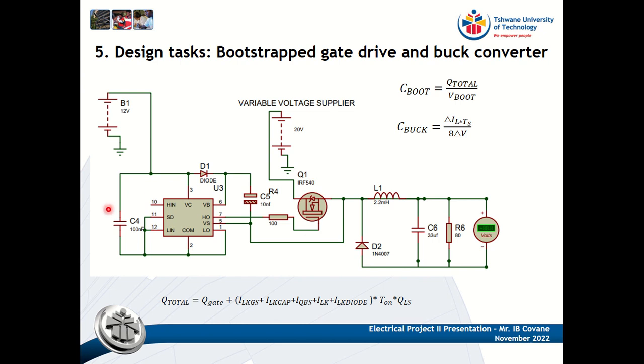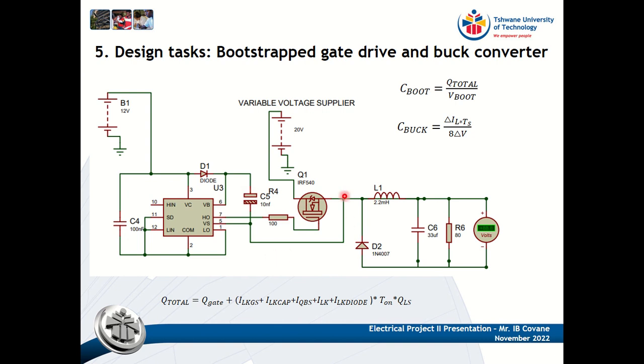It boosts up the signal because the signal from the PWM is too low to switch the MOSFET, so we use the gate drive to switch. The bootstrap capacitor is used when we are using the high side switch.